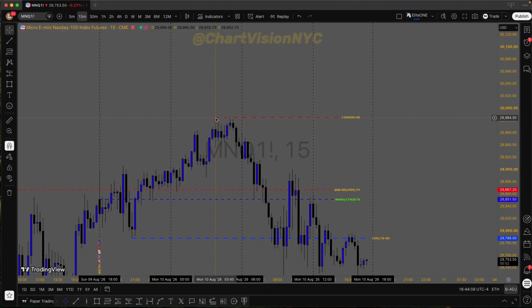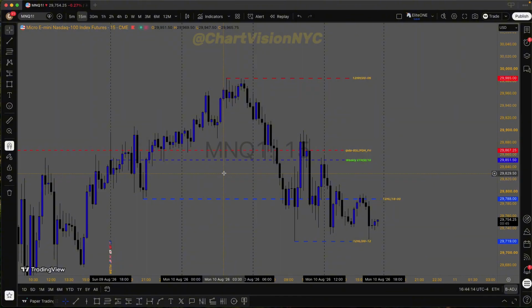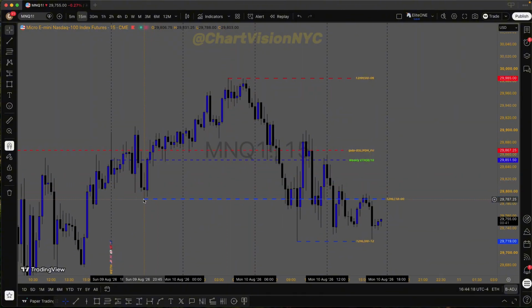Right here at 3:45 a.m., coming in at 29,985. And where's the low in that 12-hour period? We're looking right here at 8:45, we got a low of 29,788. Something about those 45 candles making the high and the low. We'll let you ponder on that for a little bit.